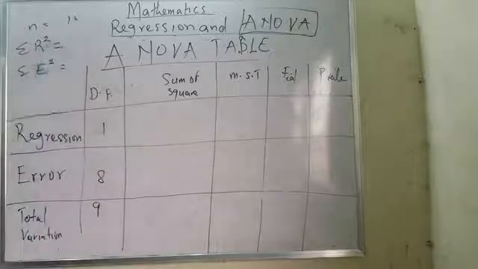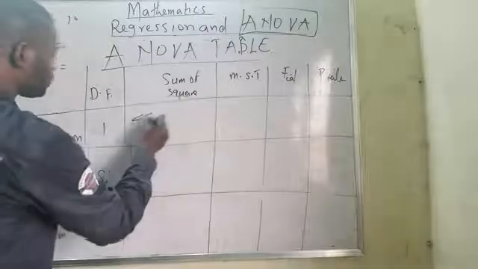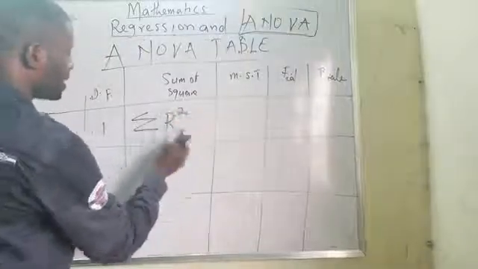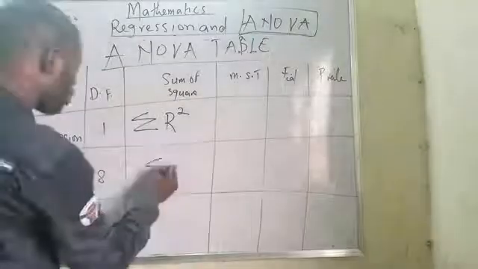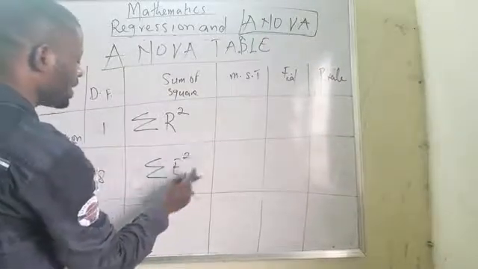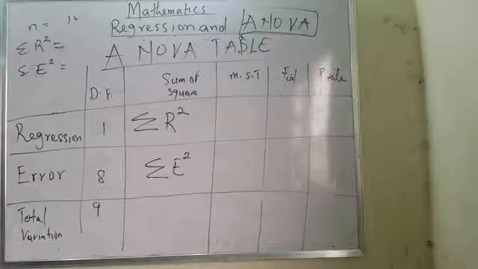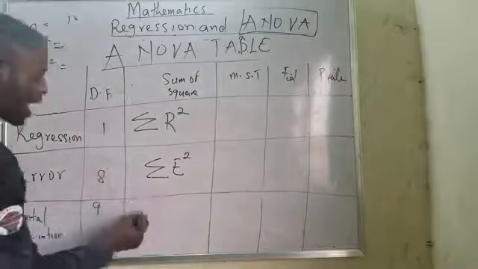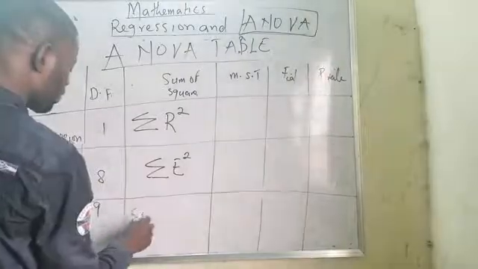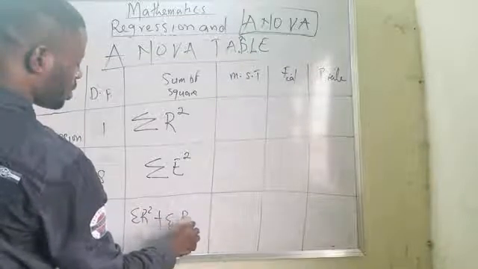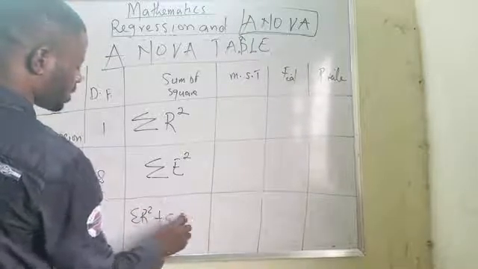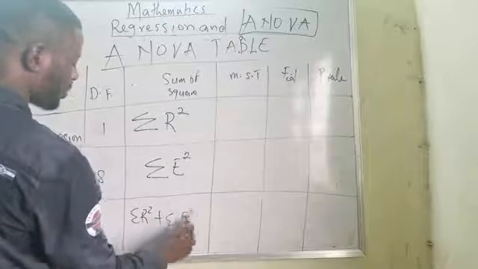Whatever I have here, it means summation of R squared is what I'm going to have here, and here I will have summation of my error squared. That is all. Now, I will add the two together, and here will be summation of R squared plus summation of error squared.